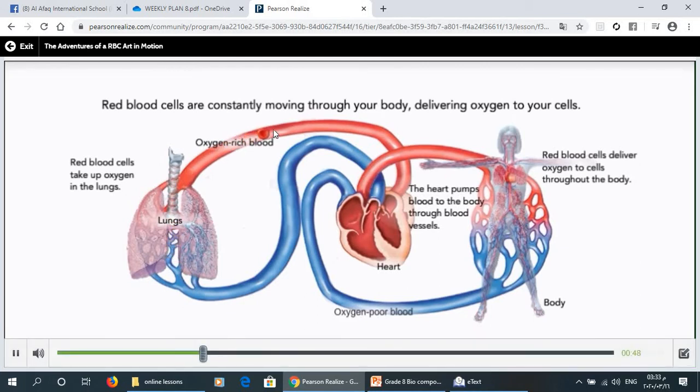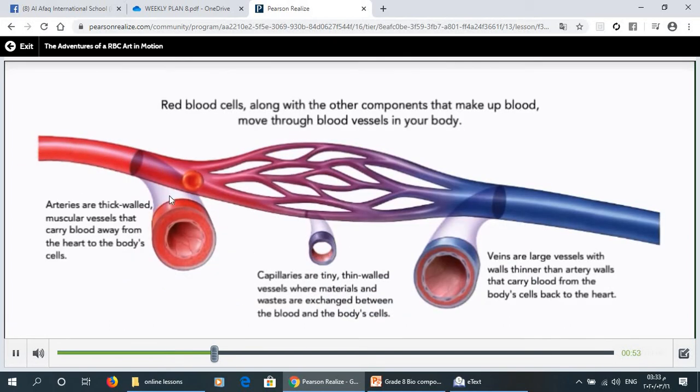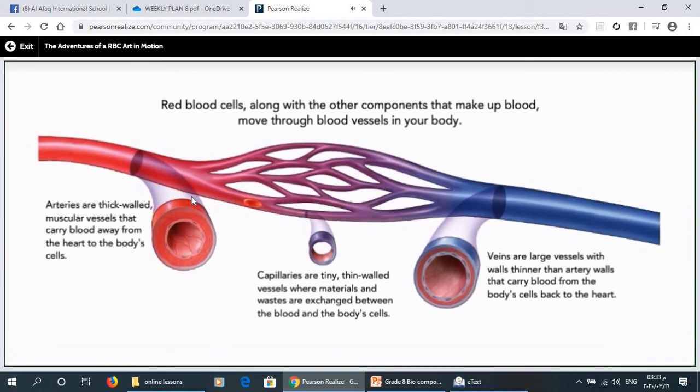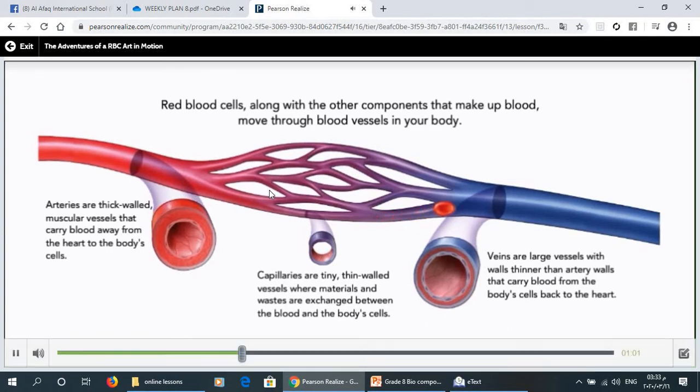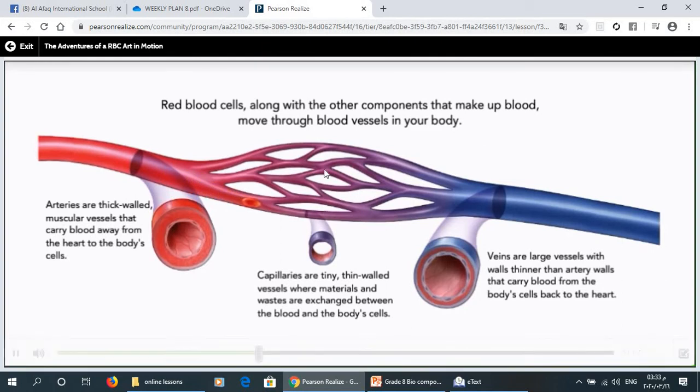Then the blood cells carry oxygen. Red blood cells, along with the other components that make up blood, move through blood vessels in your body, exchanging material with the cells or tissues of the body.